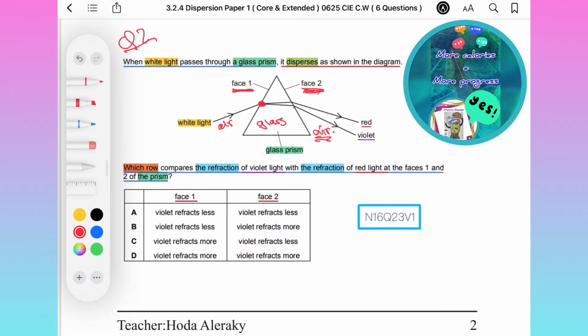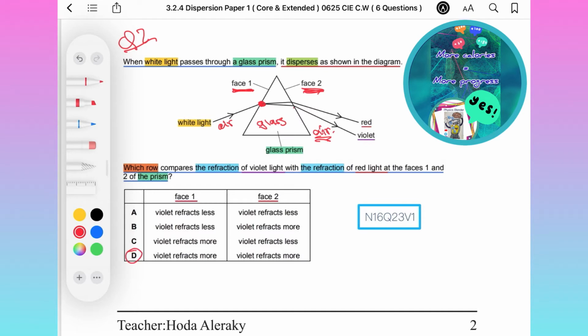You will find that the violet refracts more at phase 1 and at phase 2. The violet will be refracted more because at the first phase it will bend towards the normal, and at phase 2 it will bend more away from the normal.